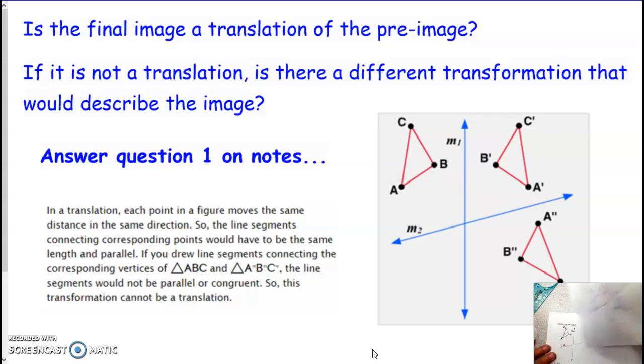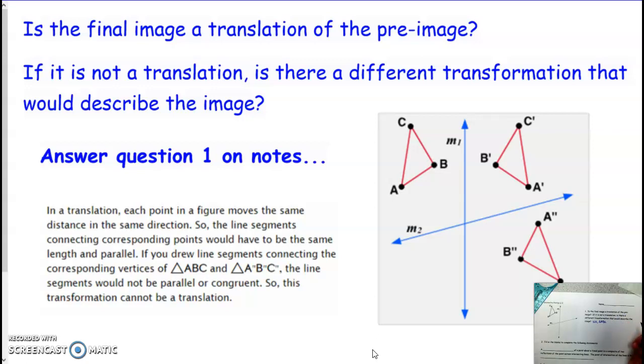So for question number 1, it says, is it a translation? No. Triangle ABC, it's not a translation. It looks more like it has turned.